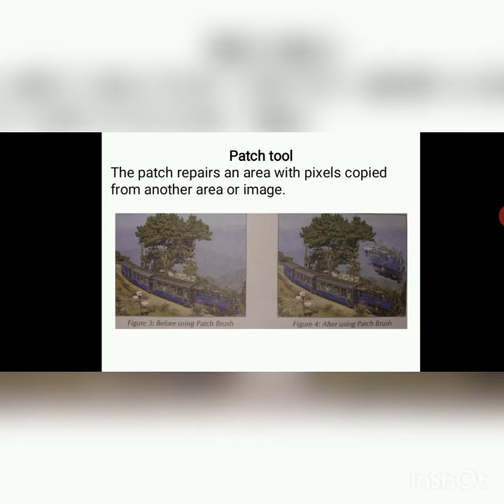Next is the patch tool. The patch tool repairs an area with pixels copied from another area or image. Like the healing brush, the patch tool takes into account the texture, luminance and shadows of the background image.